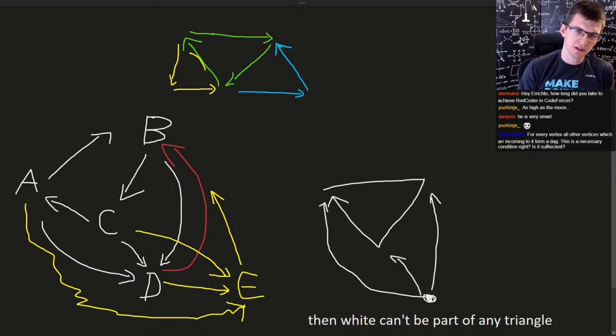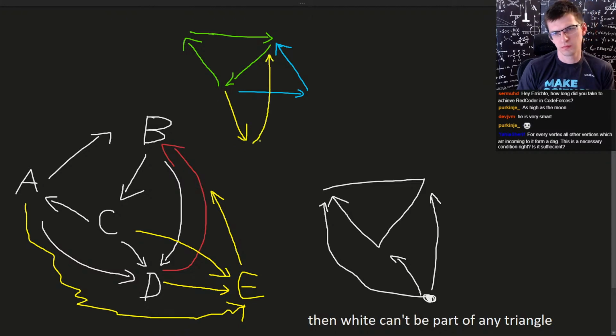Now, we investigated being a triangle with this green edge. What if it's with this one? Is that possible? Like that.